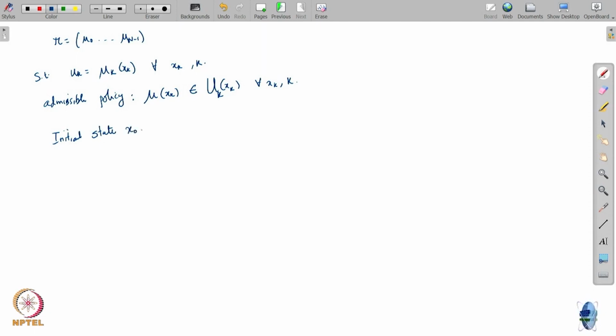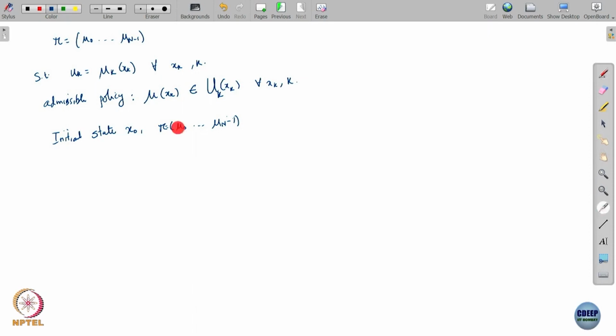Given that initial state and a choice of a policy mu 0 to mu n minus 1, how does this system behave? Well, it takes the initial state, uses the policy at time 0 to decide the action to be taken at time 0, right.